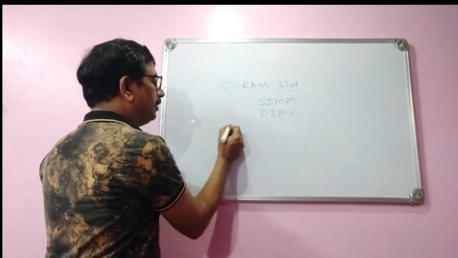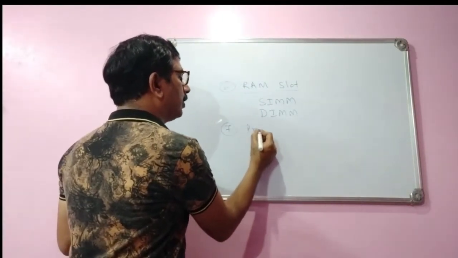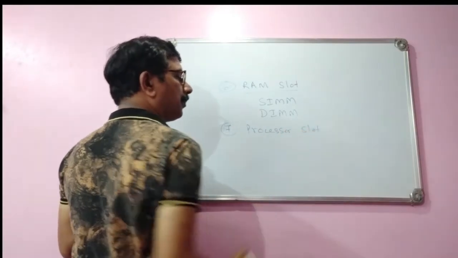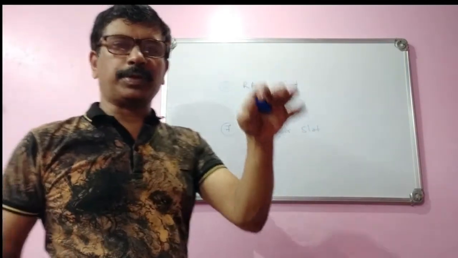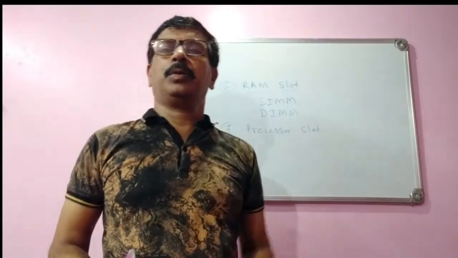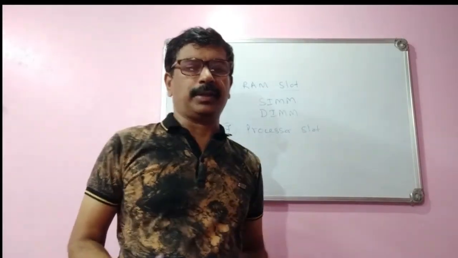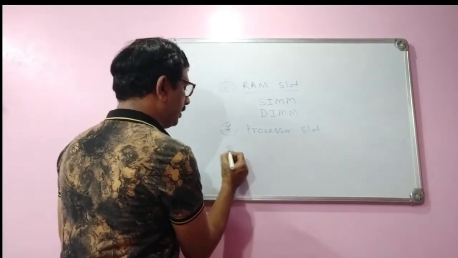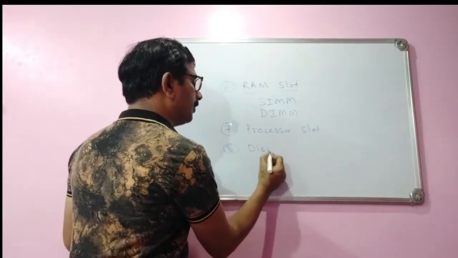Then seventh one is processor slot. On the motherboard there will be processor slot. By that we can put processor. Yesterday I have shown that thing. Next one is eighth one, disk controller.